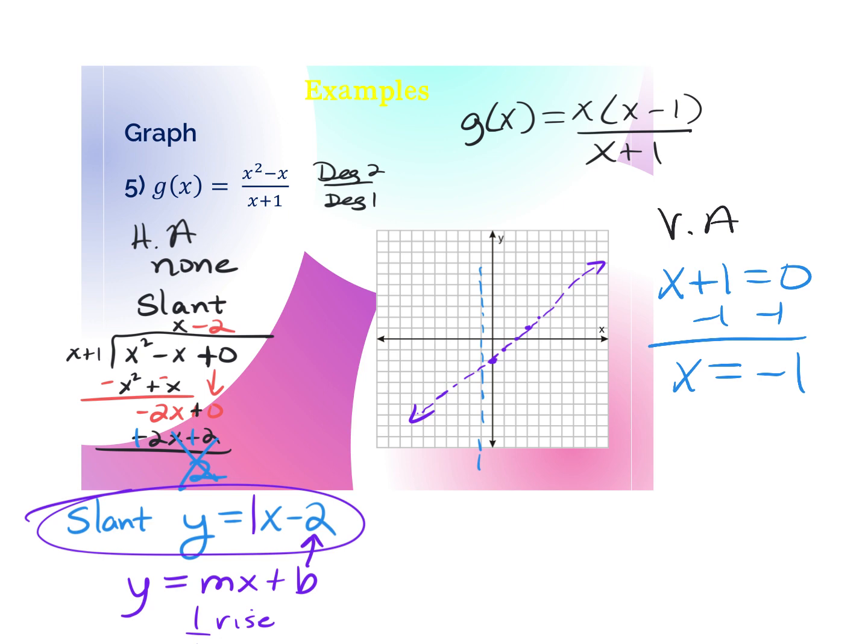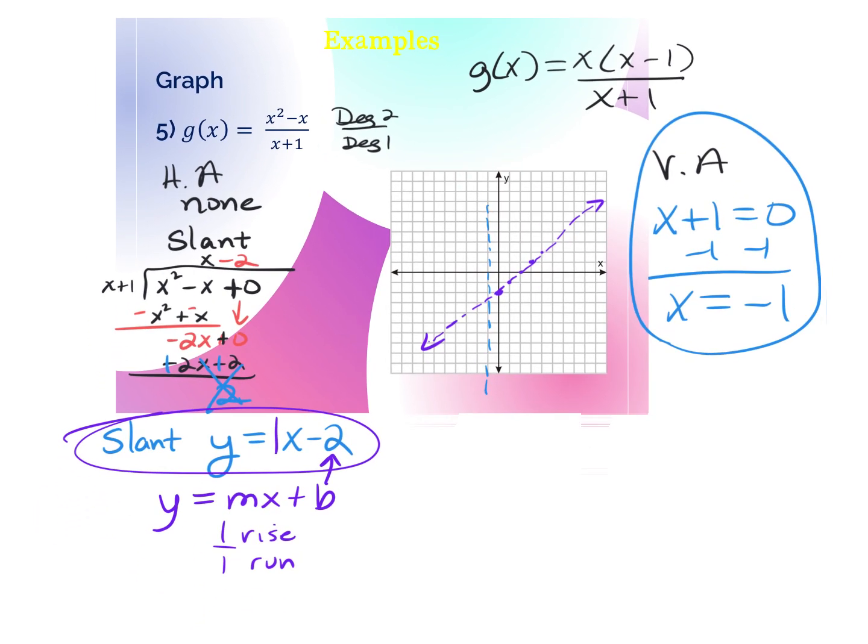And now I need to find my intercepts. So this is my vertical asymptote. So for my y-intercept, remember you set x equal to 0. So y equals 0 times, I could do it in the original. Let me do it in the original, it might be easier.